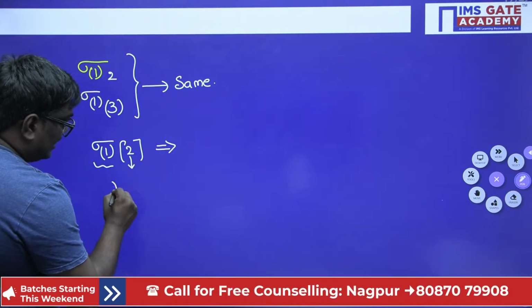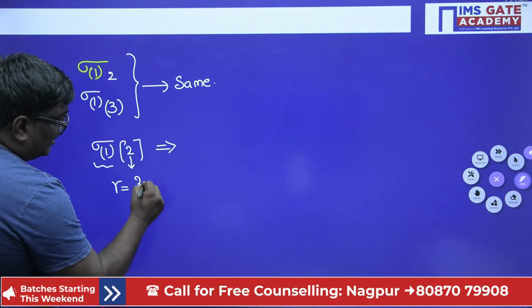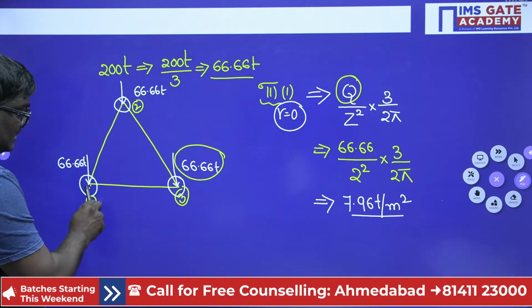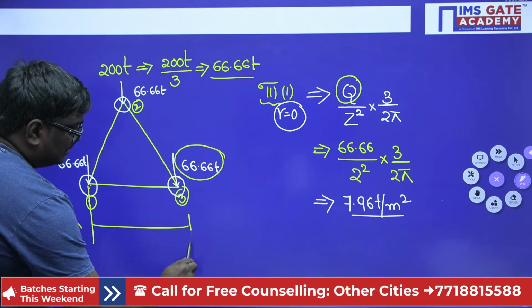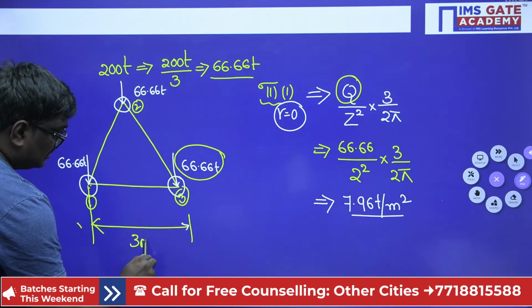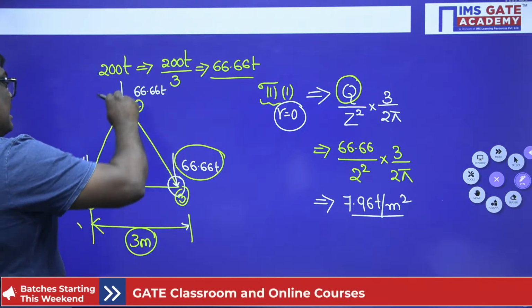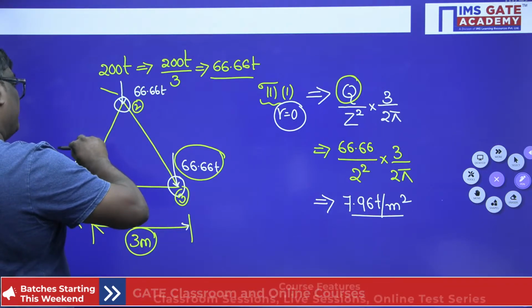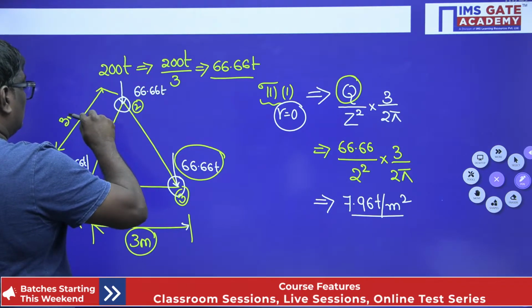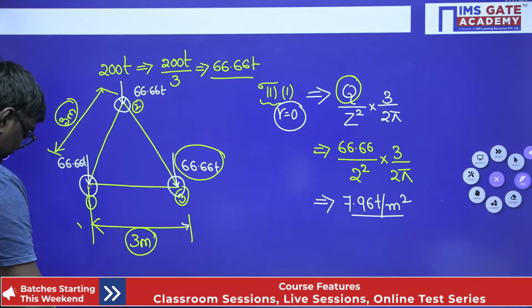Here, what will be the radial distance? Radial distance will be equal to 3 meter, because it is an equilateral triangle. The distance from here to here is 3 meter, and similarly, the distance from here to here is also 3 meter.